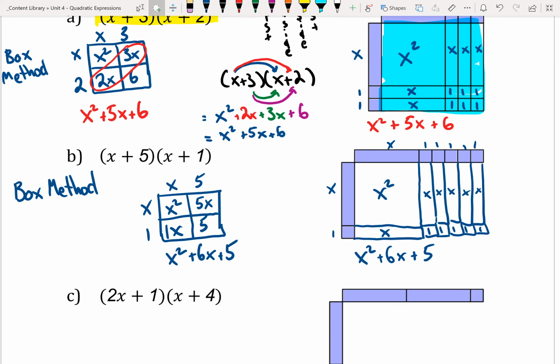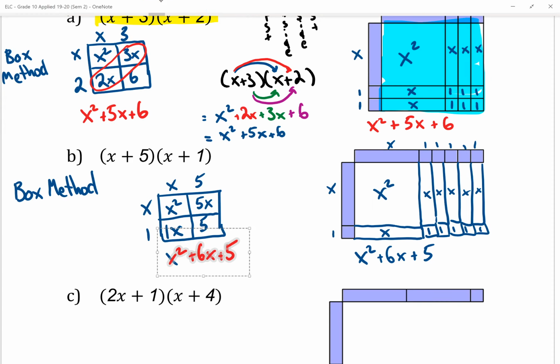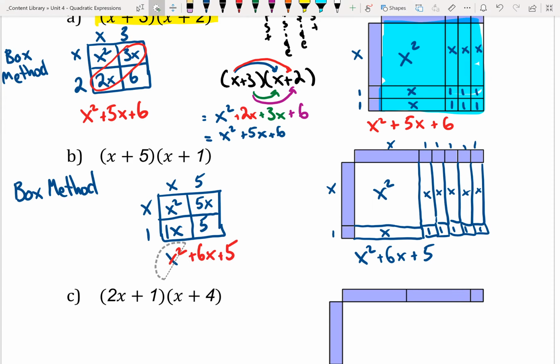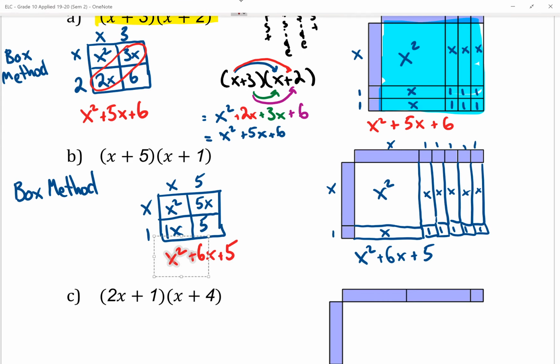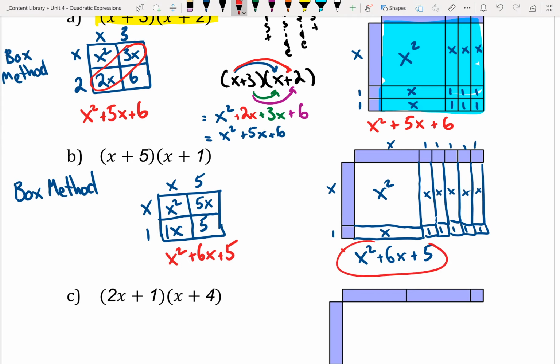And we'll keep it color coded. So regardless of which way you choose to do it, you will still get the same answer in the end.